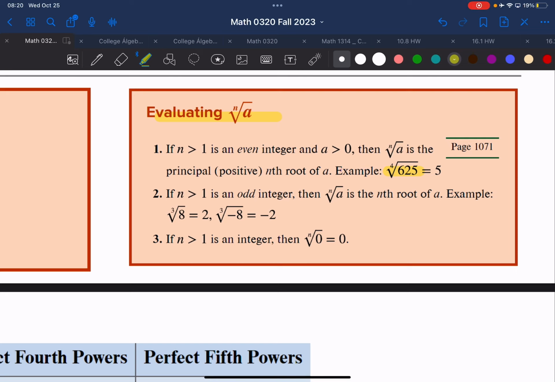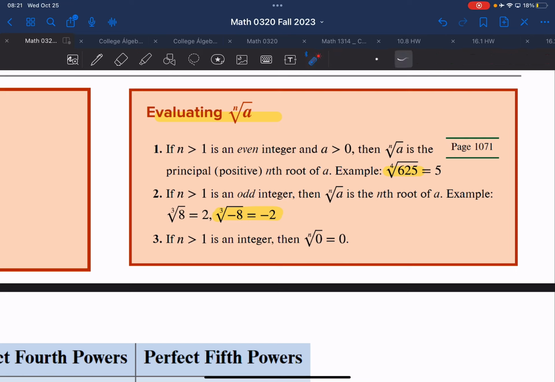The only difference here between this one and the square root is that if we have a root of a negative number, it's not always no solution. So we see that example here. If that nth root is odd, so odd numbers, 3, 5, 7, and so on, and we have a root of a negative number, then our answer is going to be negative.